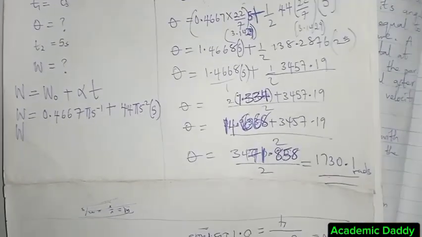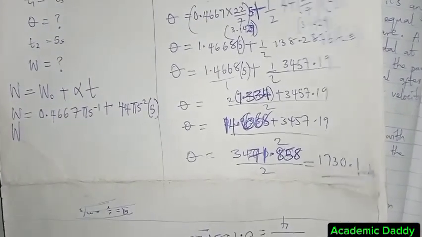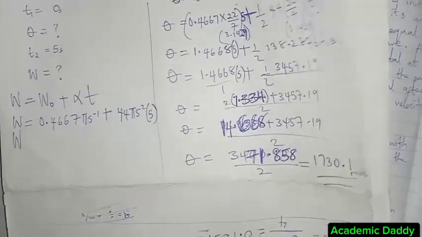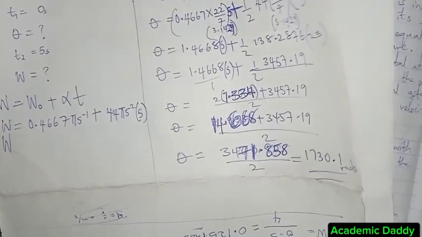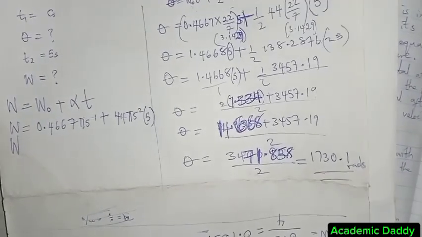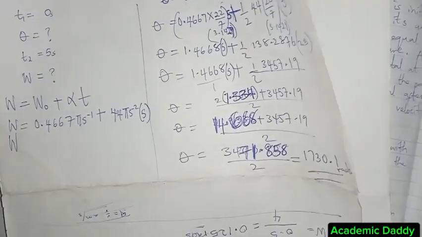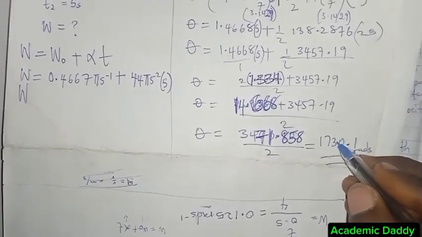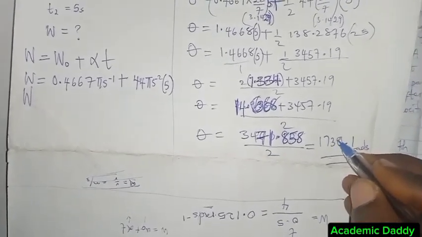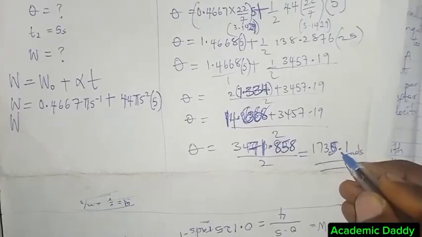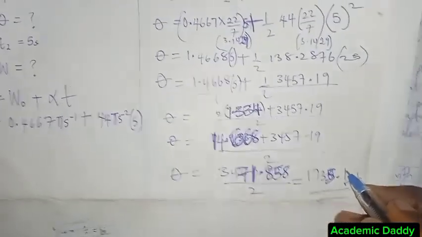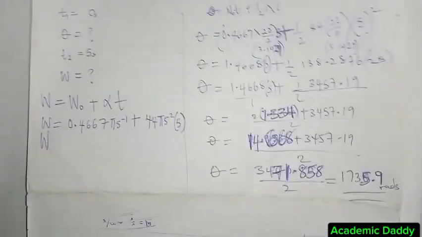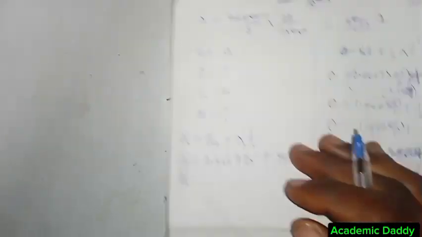Divided by 2, I have 1735.9 radians. Alright, so thank you. So let's go back.